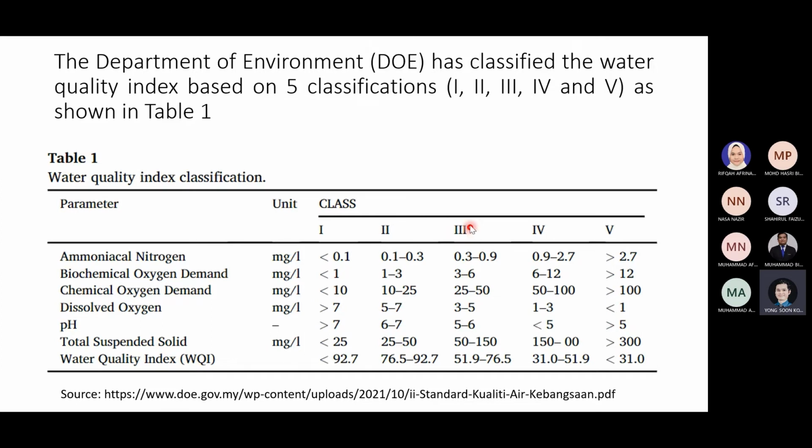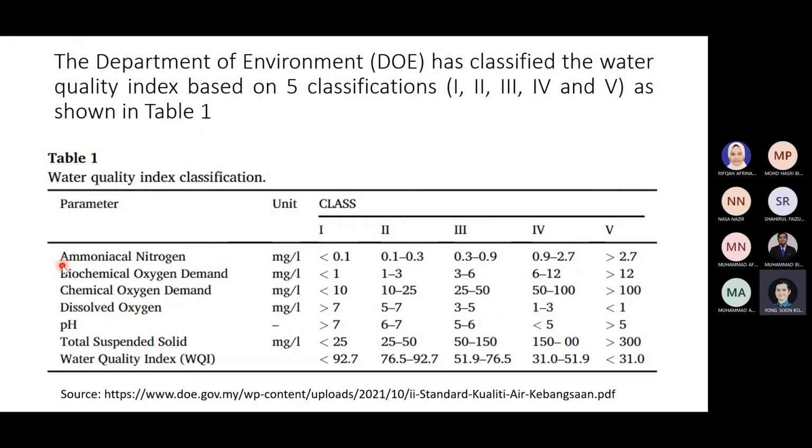Usually class 3 or above, I would say, class 3 until class 5, are said to be polluted. With different levels of pollution, they will have different usage. I believe the last one, class 5, are those that cannot be used at all and have to be treated, probably.